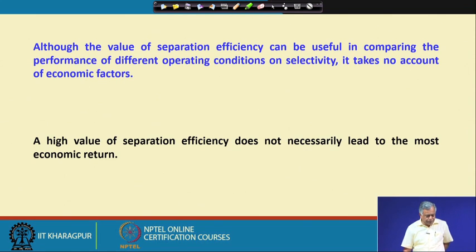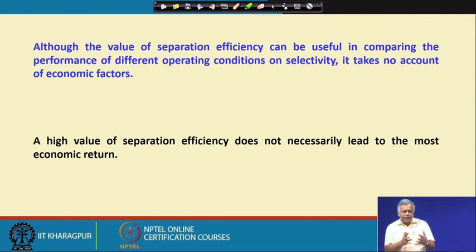And then you have to look at the other losses also. Although the value of separation efficiency can be useful in comparing the performance of different operating conditions on selectivity, suppose I have three parallel processes: I have used a chemical in process 1, I have not used any chemical in process 2, and the third process is entirely different from the other two. So, which one is more selective?